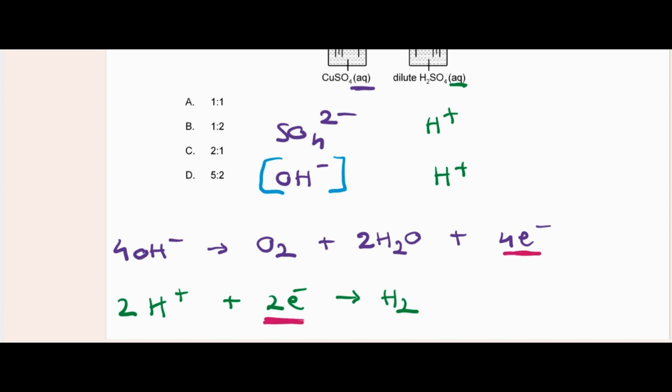So we're going to need to times everything here by 2. So what do we get? We get 4 hydrogen ions, 4 electrons, 2 hydrogen molecules.